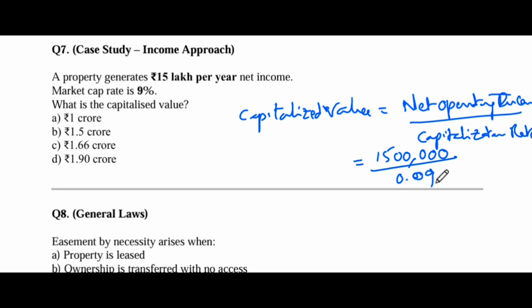So this 9% is the return on his investment of the value which we are going to calculate now. Okay. So the answer would be how much? So the answer would be 1.66 crore.